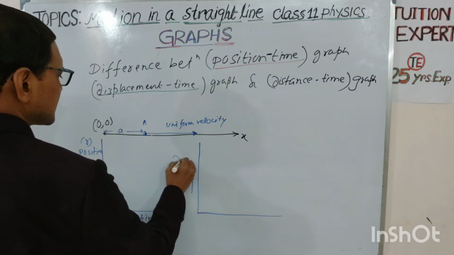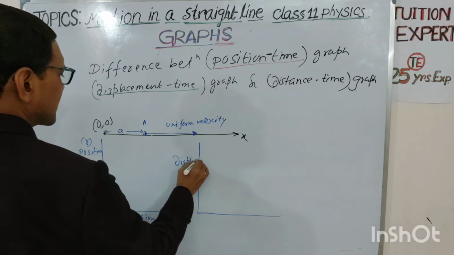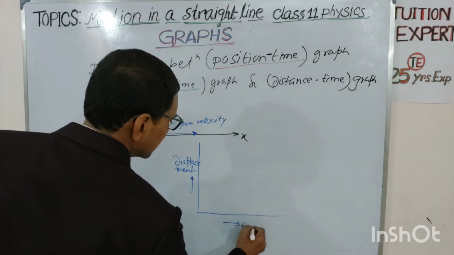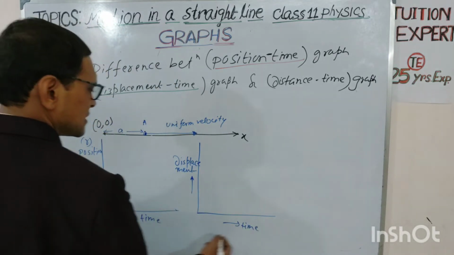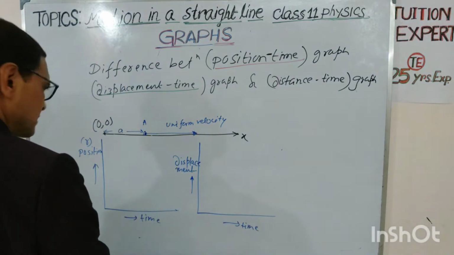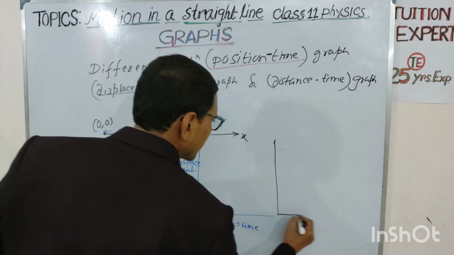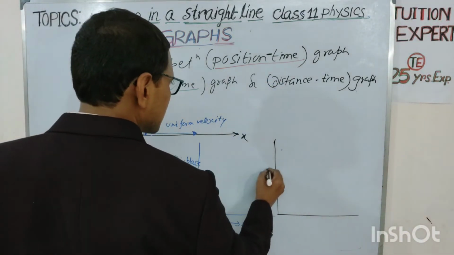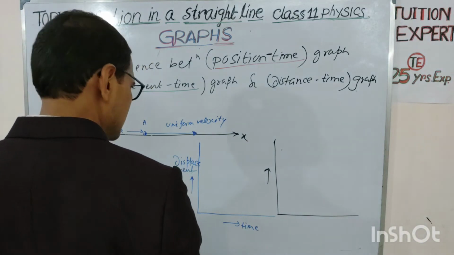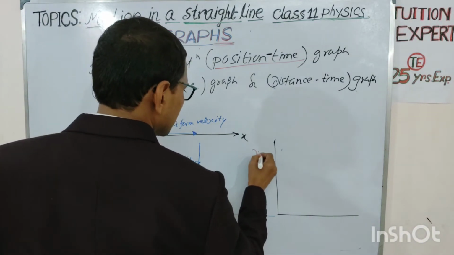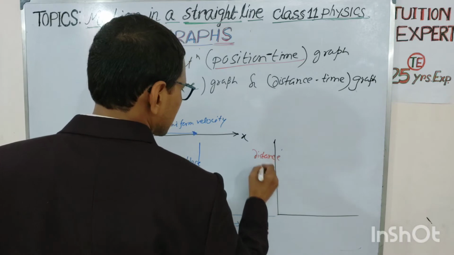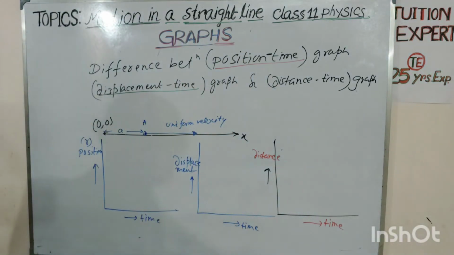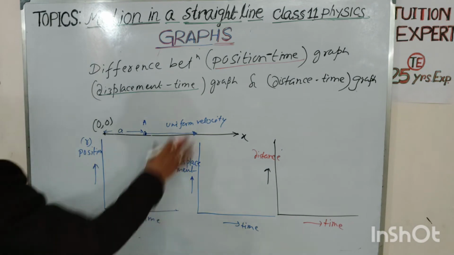Suppose this is displacement time, and this is distance time. So we have to understand the three basic differences of these three graphs.